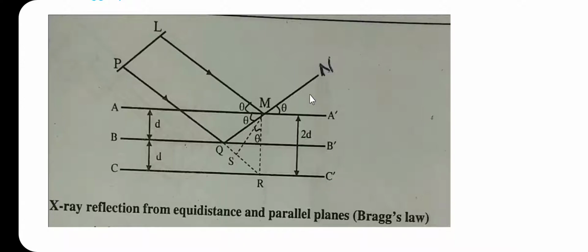To find the condition for the reinforcement, first of all we have to draw MR perpendicular to the reflecting plane, and in a similar way draw MS perpendicular to QR. Now to find the condition for reinforcement of the two beams, if these two rays are reinforced, then the path difference must be equal to n lambda.